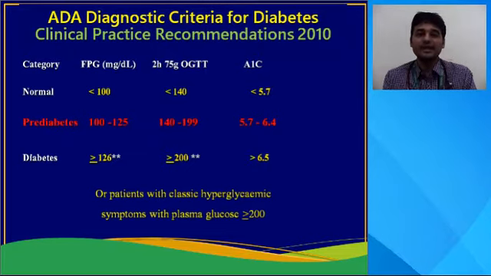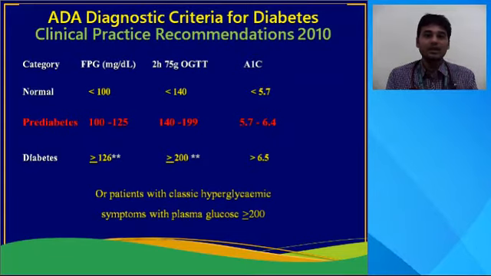So what is the ADA diagnostic criteria for diabetes mellitus? They say the fasting, postprandial, that is 2 hours 75 gram OGTT, and HbA1c. These three are taken into consideration. The normal HbA1c is less than 5.7, normal fasting glucose less than 100, and normal 2 hour 75 gram OGTT less than 140.